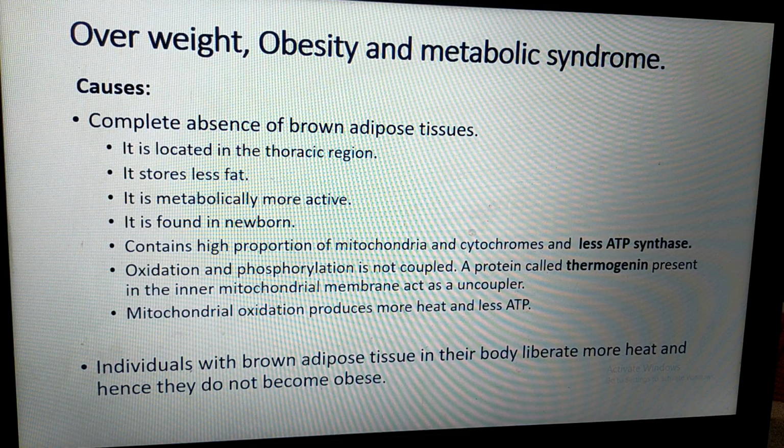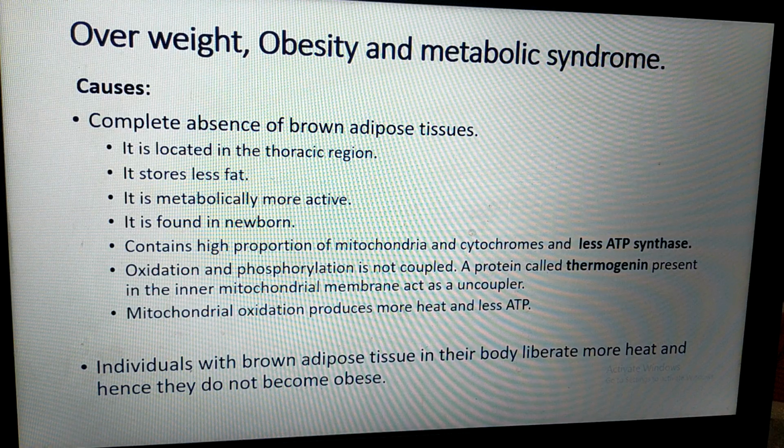So normally what will happen? Electron is transported through the electron transport chain. At each step it will release energy, and that energy is utilized by ATP synthase for ATP synthesis. But here the thermogenin will separate these two processes, oxidation and phosphorylation. Means electron transport chain and ATP synthesis are separated.